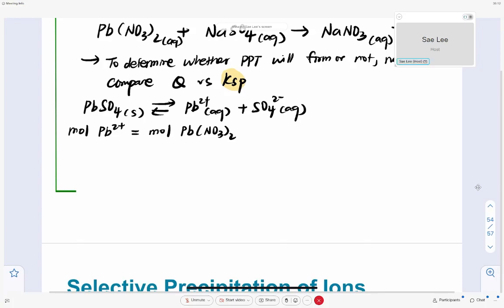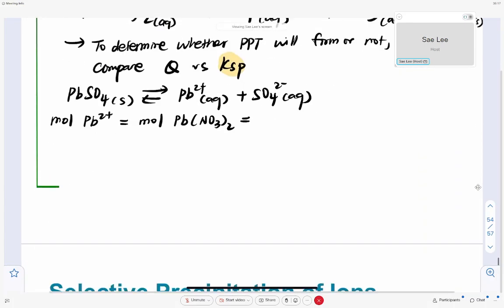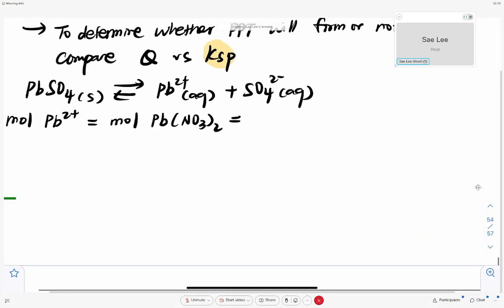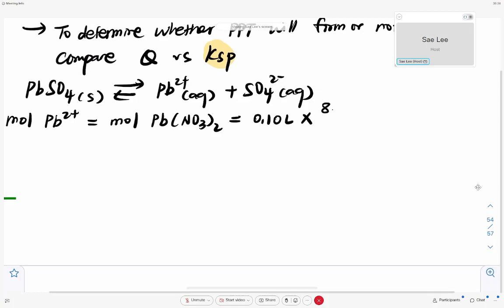This is given in molarity, so you need to convert to moles, right? That equals 0.1 liter times 8.0 times 10 to the negative 3 moles per liter, which equals 8.0 times 10 to the negative 4 mole.